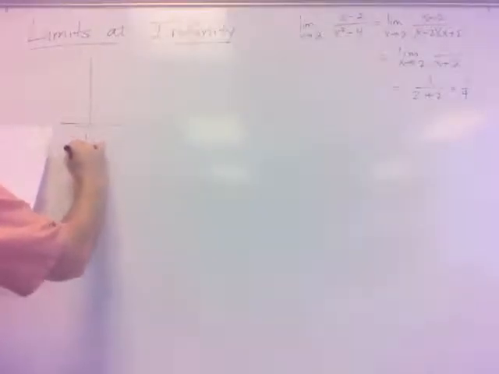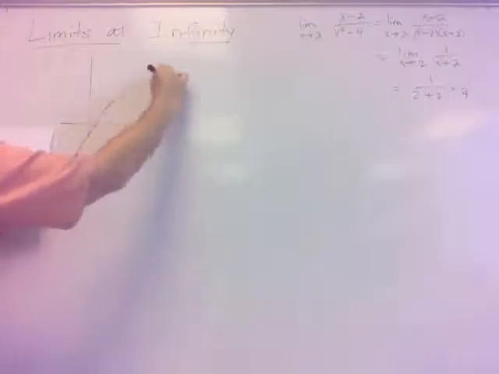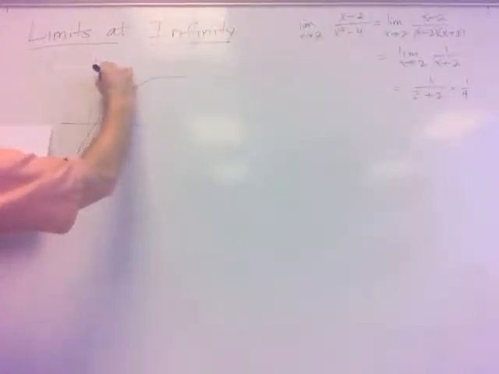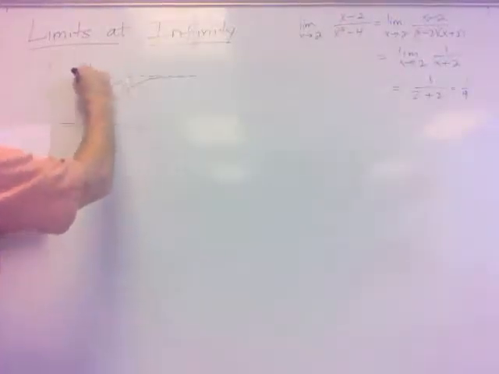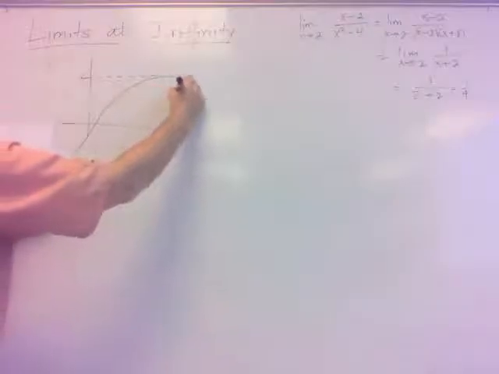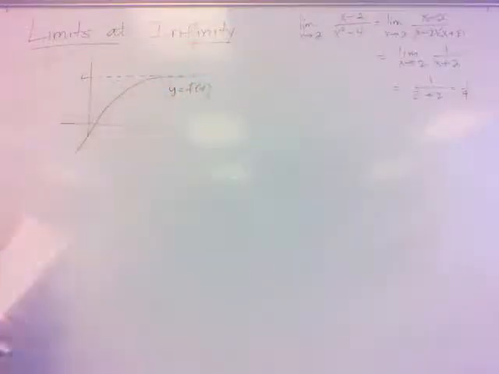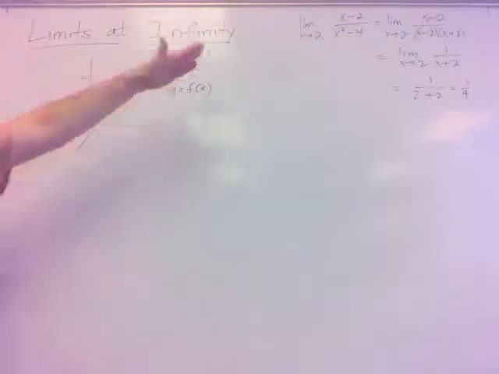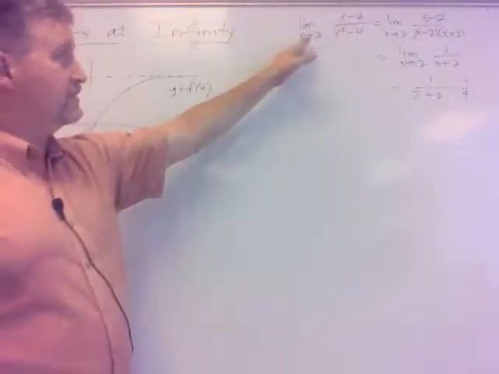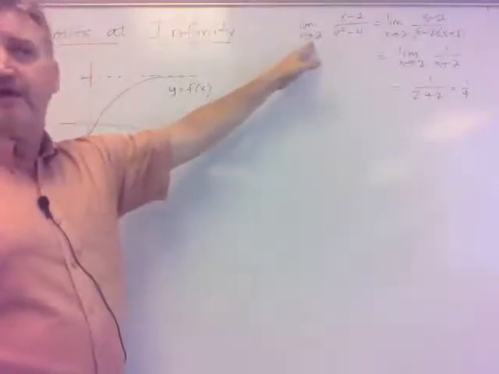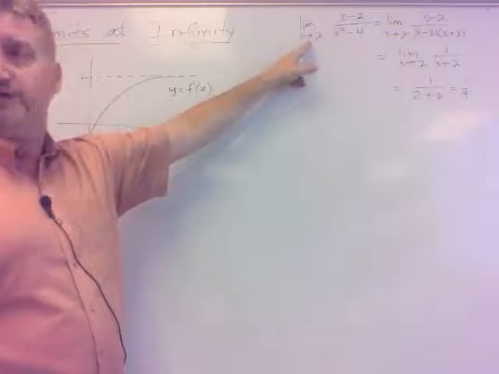To get the graphical perspective here, so this is some function f of x. With those over there, graphically speaking, I was interested in what was happening as you got closer and closer to 2.